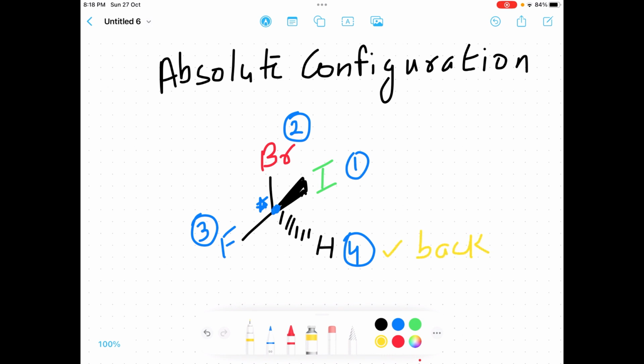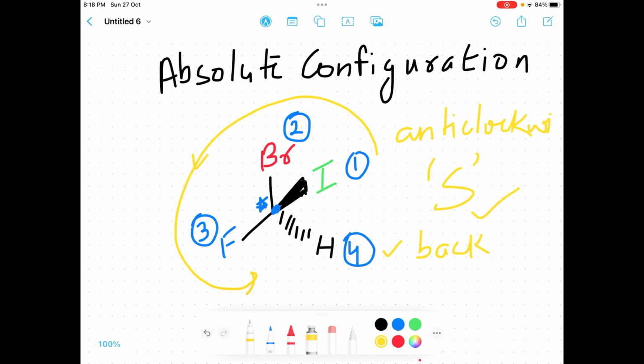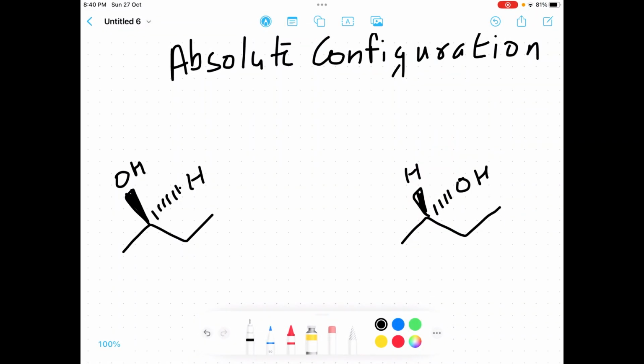In this example as well, the hydrogen, the fourth priority, is on the back, so we don't have to do anything, we just check the sequence of the numbers. As you can see, the numbers are going 1, 2, 3 anti-clockwise, and if it's anti-clockwise or counterclockwise, then we assign the configuration S. S also comes from a Latin word, sinister, which means left. So this was your S configuration molecule.